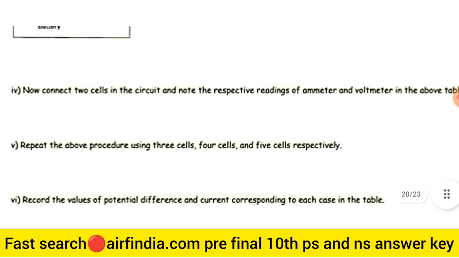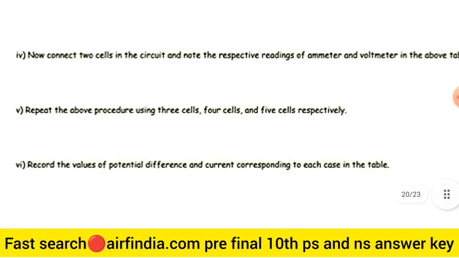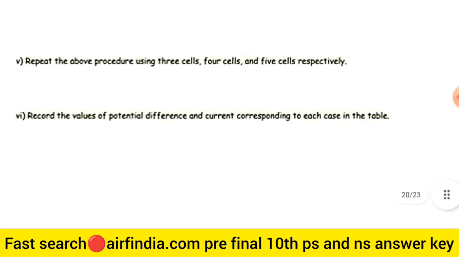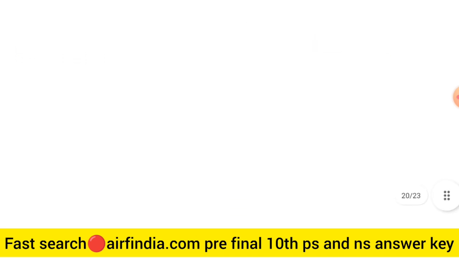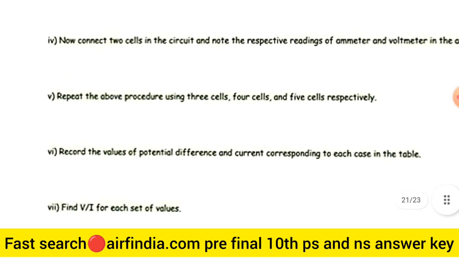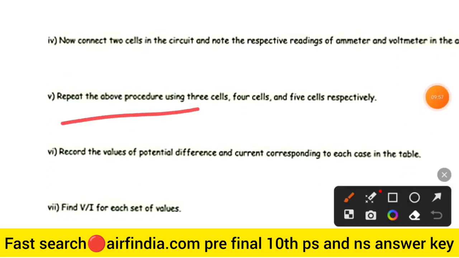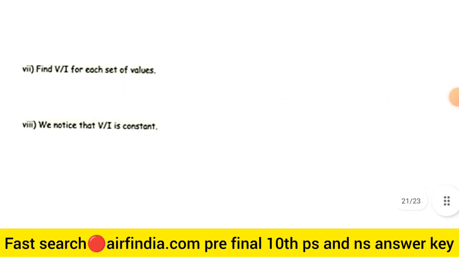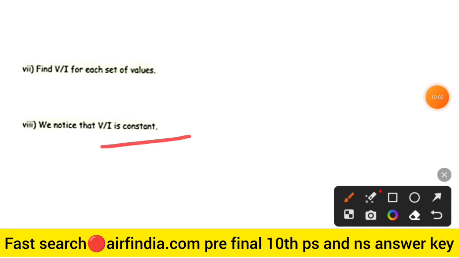And fifth, repeat the above procedure using 3 cells, 4 cells and 5 cells respectively. Record the values of potential difference and current corresponding to each case in the table. And this is your fourth, fifth, sixth and seventh point. Okay, read them. And the last is the eighth point, V upon I is constant.